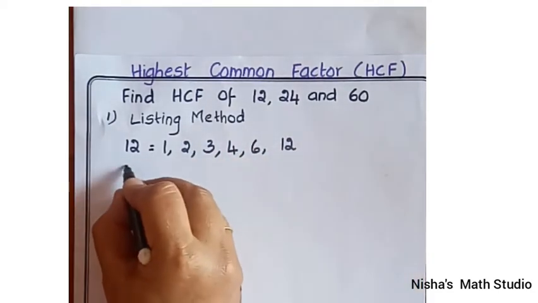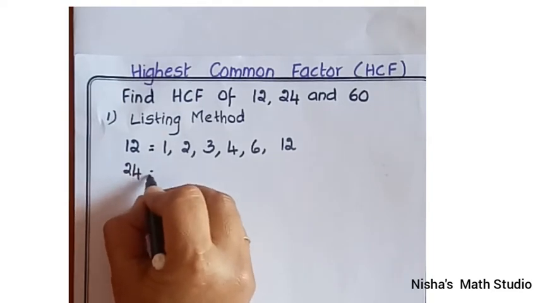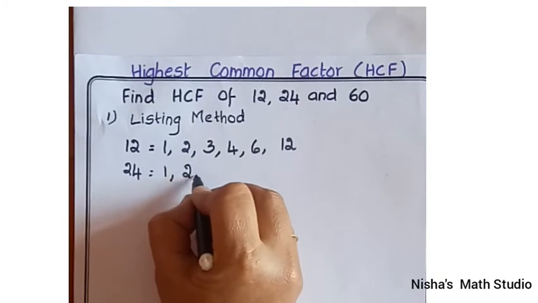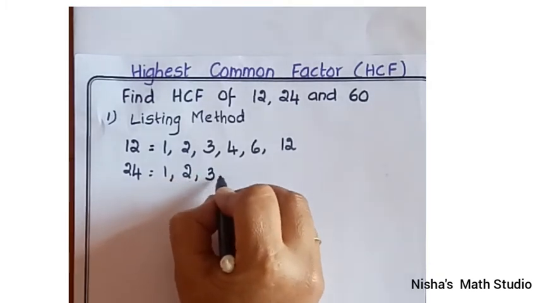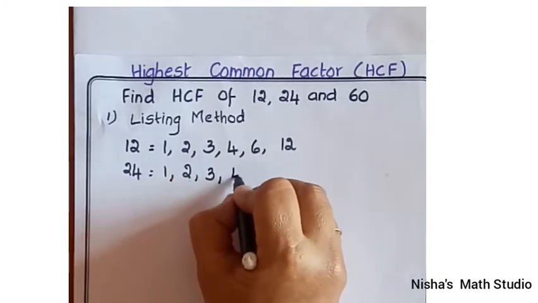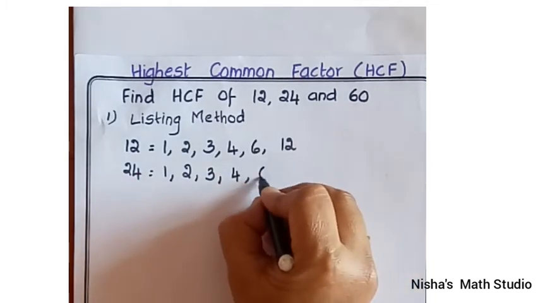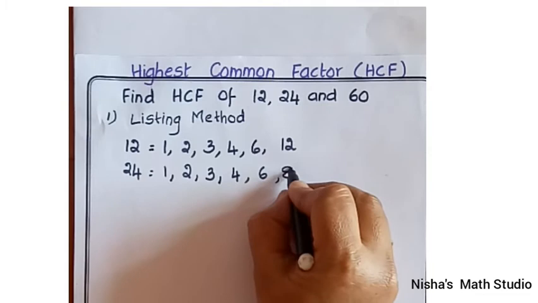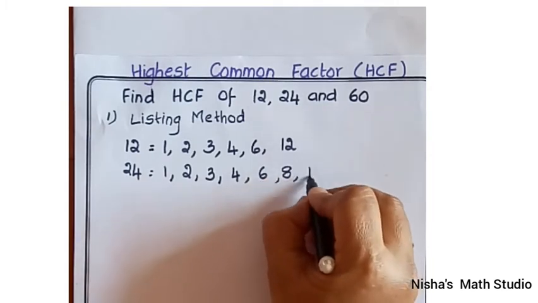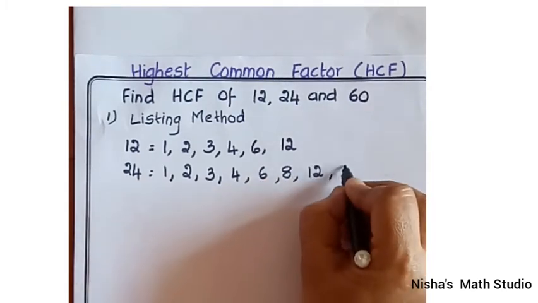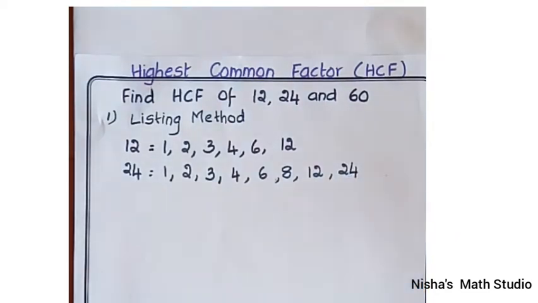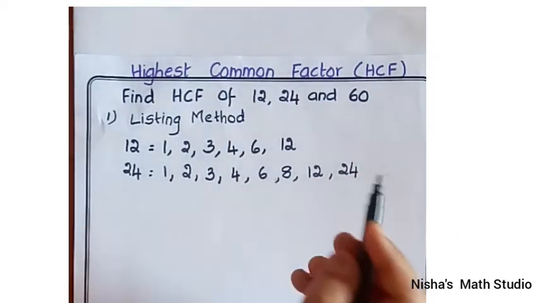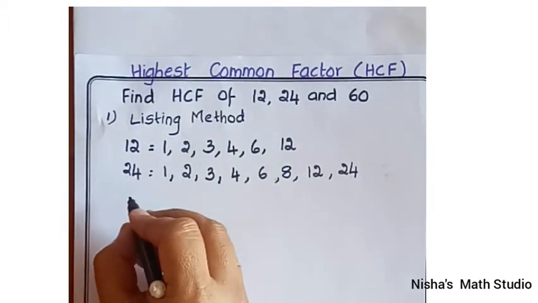Similarly, factors of 24: 1 24s are 24, 2 12s are 24, 3 8s are 24, 4 6s are 24, 6 4s are 24, then you have 8 3s are 24, 12 2s are 24, 24 1s are 24. So you have 1, 2, 3, 4, 6, 8, 12 and 24 as the factors of 24.